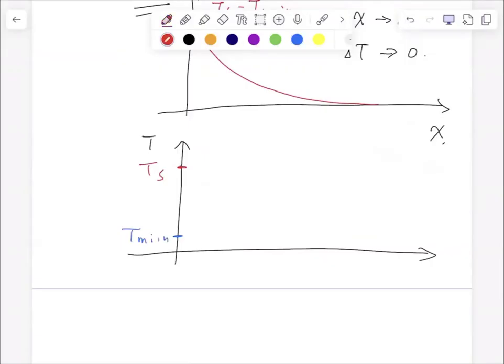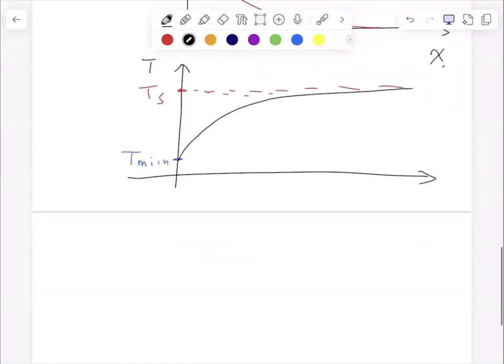And then you can see as it goes by, your temperature would increase from the inlet temperature towards the surface temperature exponentially. And if you have a long pipe, then you will reach the surface temperature. Of course, the way that I draw right now, the surface temperature is higher than the inlet temperature.